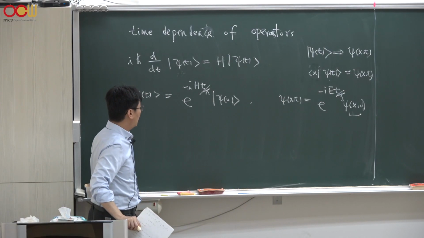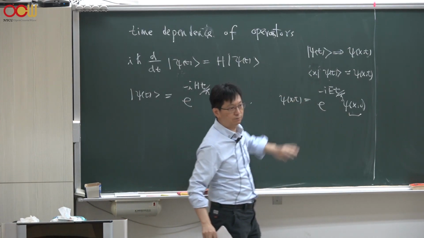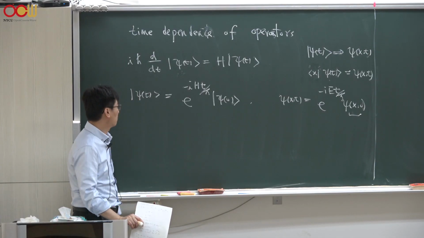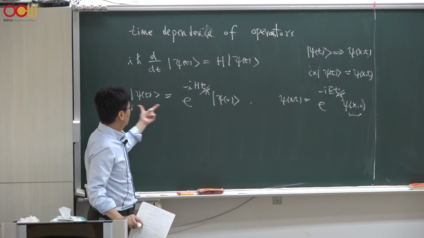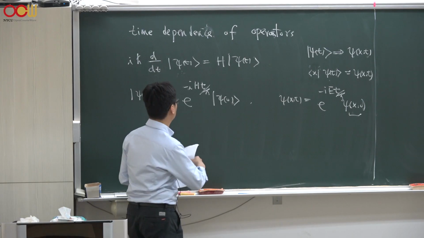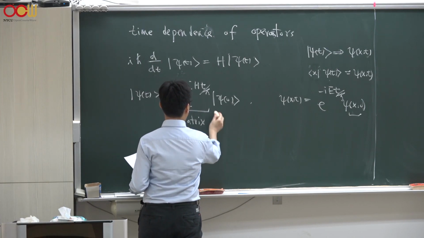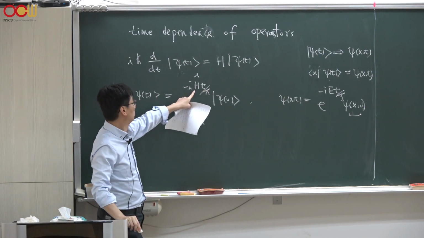Okay, but now we could remove this position eigenbasis from the Schrödinger wave function and just focus on the Dirac ket, and how the Dirac ket evolves, and we should get this kind of operator product. This is a matrix because this is made of the exponential of a Hamiltonian, and Hamiltonian is an operator, right?